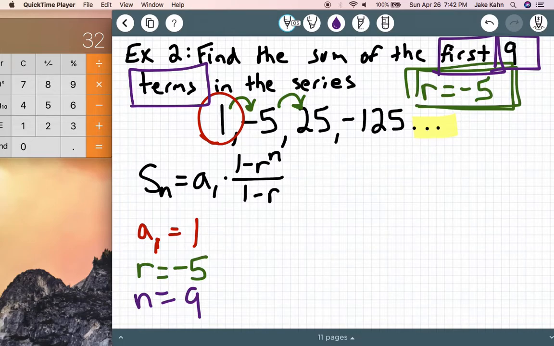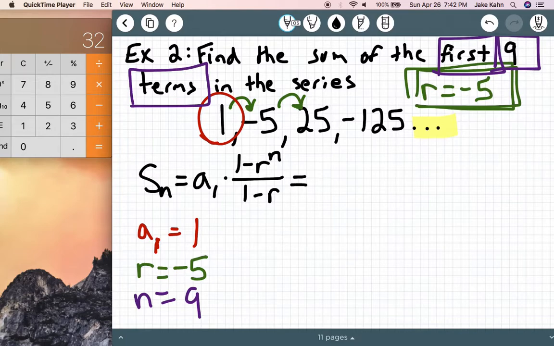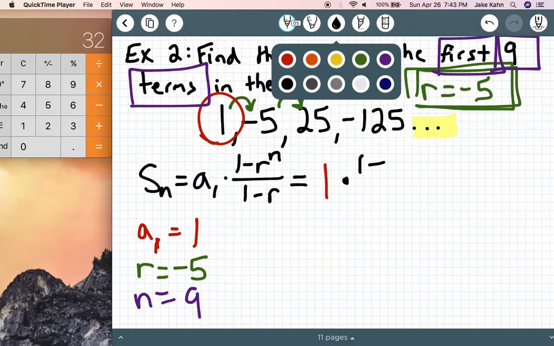Same as before, y'all. Take what you have, these 3 constants that you're going to plug in for those variables, plug them in and evaluate, and you will get the sum of your series. a1 times 1 minus r to the n power over 1 minus r. We are plugging in a1 first, which is just 1. That makes things easier, which is nice. Times 1 minus r to the n power. Be careful with that negative sign. We're going to put that in parentheses.